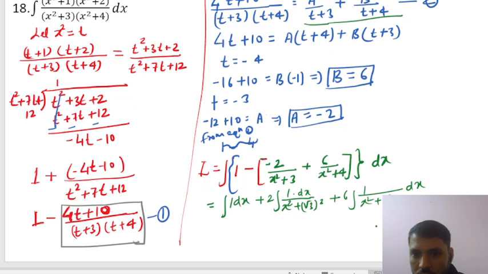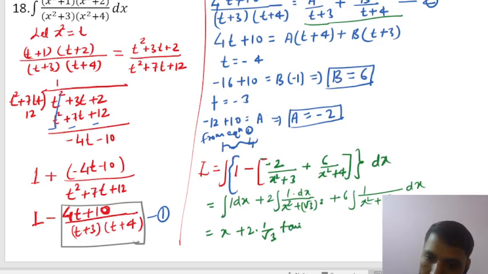Now we can write our answer directly. This part will give us x, and from here 2, and this is tan inverse, 1 by a tan inverse x by a. What is a here? So a is root 3. So 1 by root 3 tan inverse x by root 3, here plus 6.